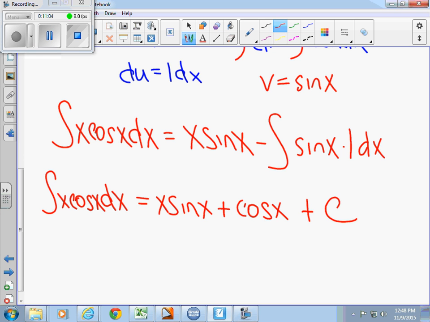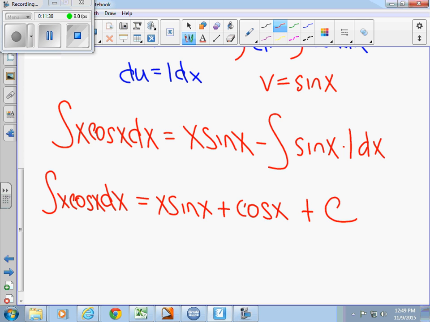Anytime you write two letters next to each other on the TI-89, if you mean multiplication, you've got to write multiplication. The reason is you could type velocity in as a variable, and it would work the word velocity as a variable. And so you need to let it know. After you type the x times cosine of x, you have to put comma x, to tell it what variable you're using.